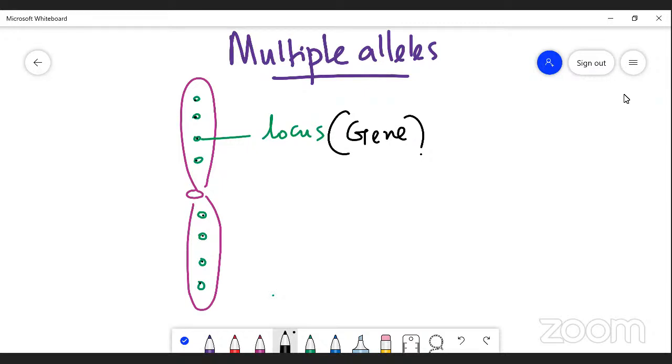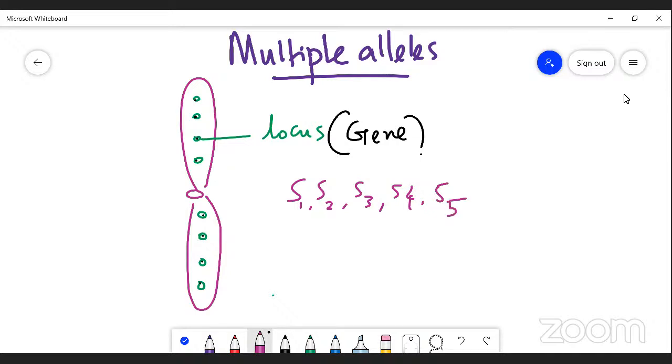So for example, I'd like to mention cell sterility in plants. We are going to discuss self-sterility by multiple alleles. This sterility is designated by the letter S. There are a number of genes: S1, S2, S3, S4 and S5.